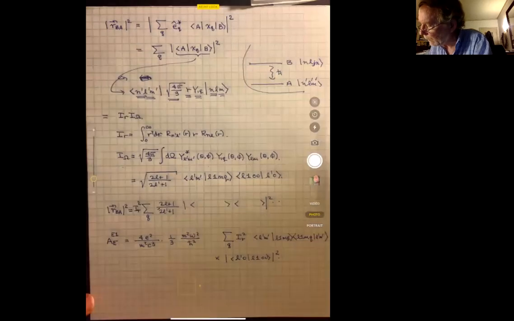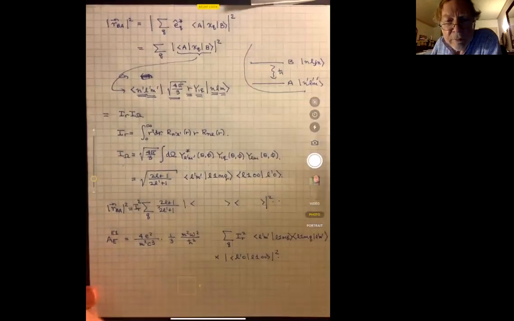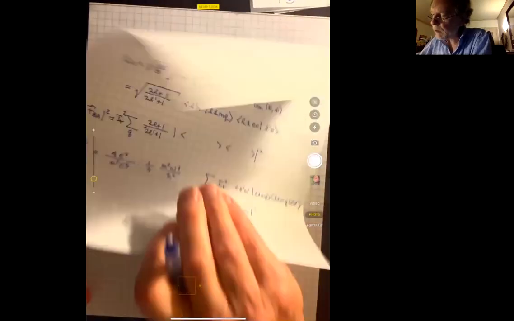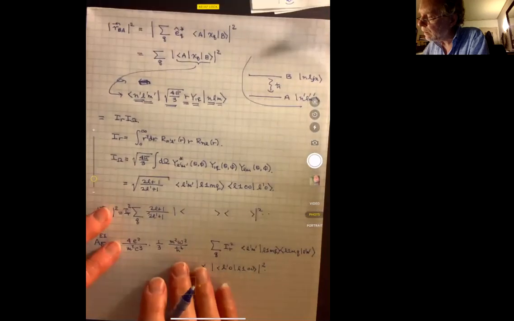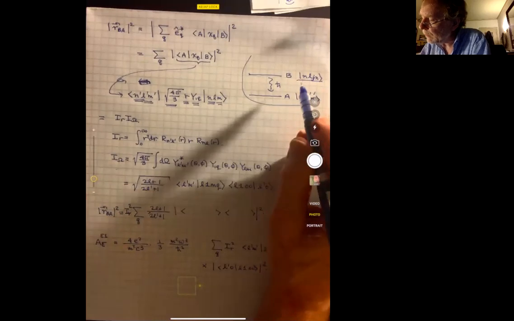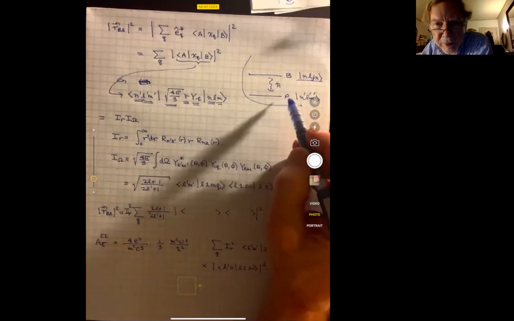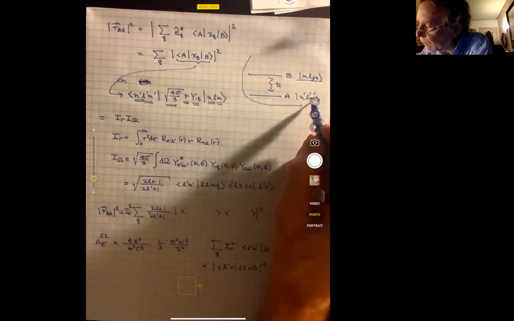Okay, now this is the transition. This is the spontaneous transition rate between one specific B state and this A state up here. But the B state is degenerate because the energy doesn't depend on the magnetic quantum number. And the same thing's true for the A state where it's an M prime.